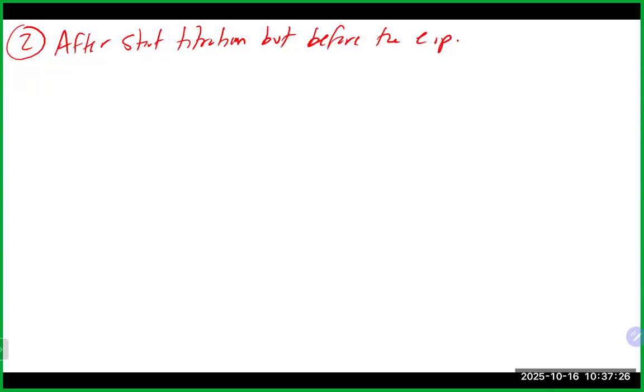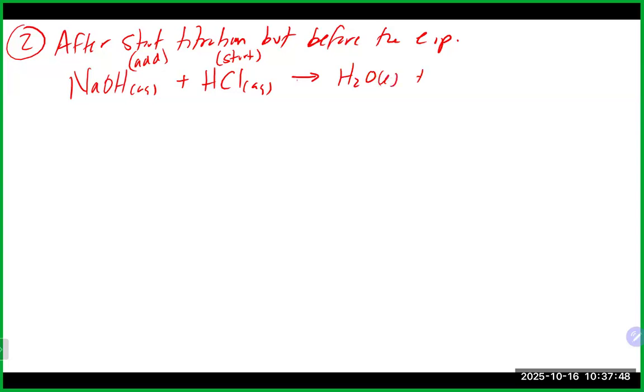As I mentioned, we're going to do a reaction. We have sodium hydroxide, which is what we're adding, and we react it with hydrochloric acid, which is what's in our beaker or flask. Again, we get our reaction products of water and sodium chloride in this case.